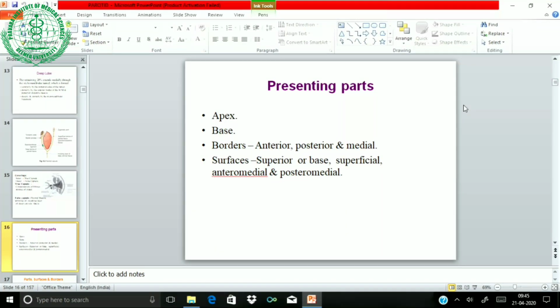Then it possesses three borders: anterior border, posterior border, and medial or pharyngeal border.